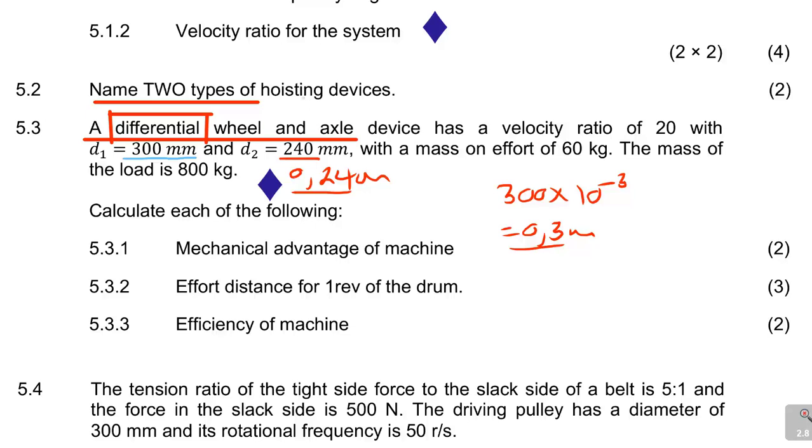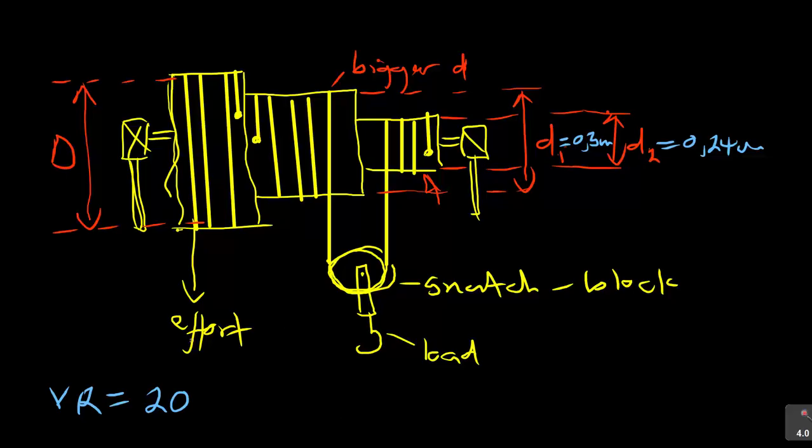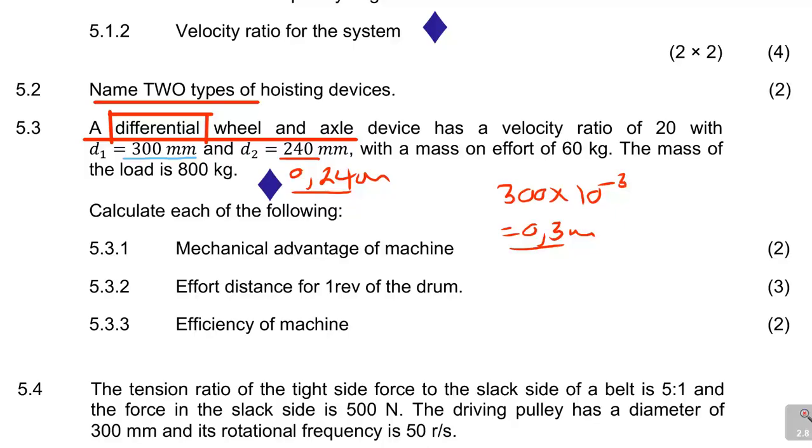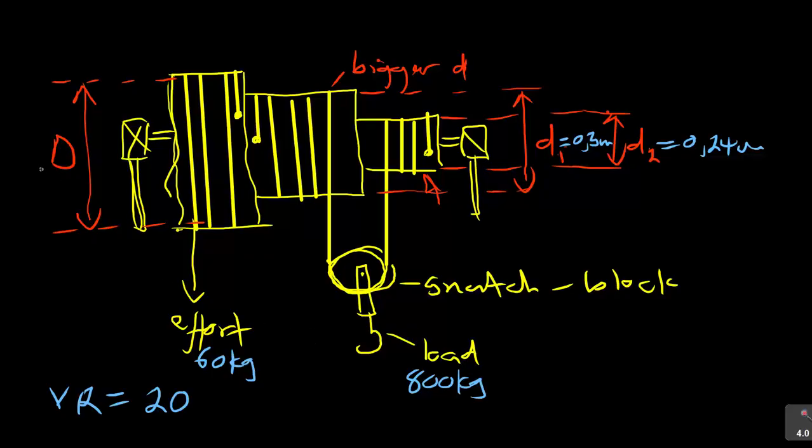And then they are saying the mass on the effort is 60 kg, and the mass on the load is 800 kg. So that is the information that is given, but you must know how to convert.